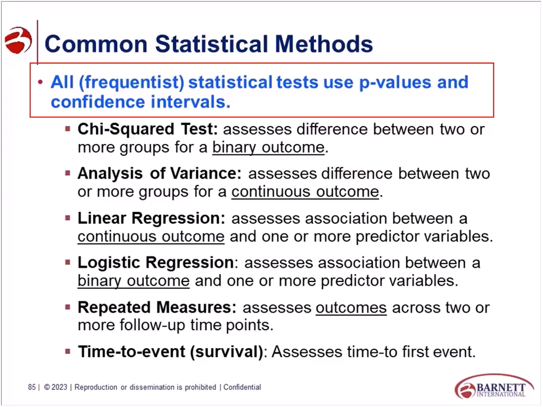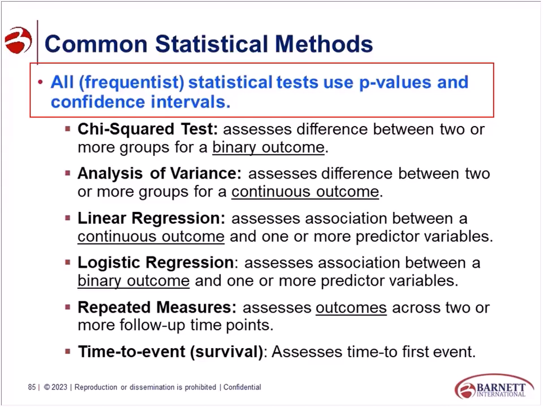We spent a little time on what p-values are and where they come from. The fact is, whether you're using t-tests, chi-square tests, or any of these methods, p-values and confidence intervals are interpreted in identical ways to what you learned for means, confidence intervals around means, mean differences and differences in proportions. They have the same interpretation.